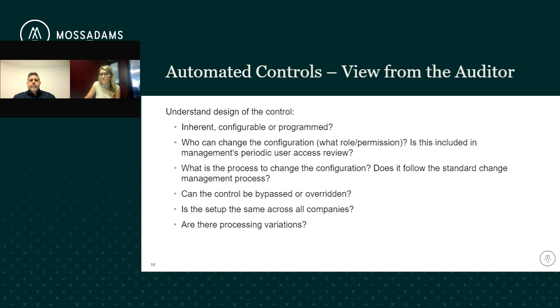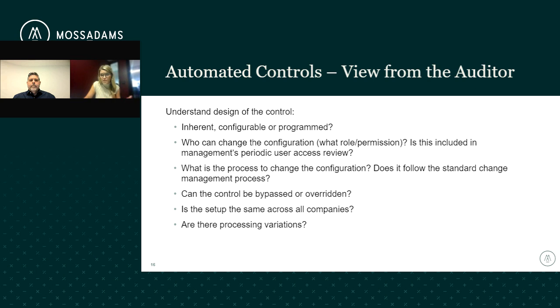Does it follow the standard change management process that management has implemented, or is there another process that we need to discuss? Can that automated control be bypassed or overridden in any way? And again, what roles or permissions would allow someone to bypass or override that control? Is that control set up the same across all companies if you're using different sets of books?